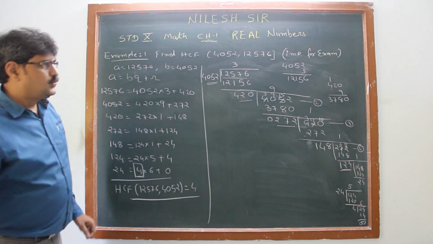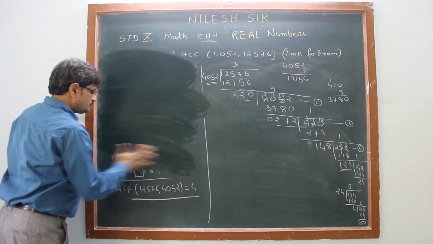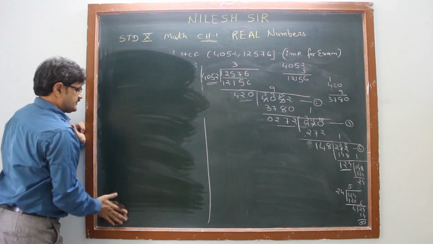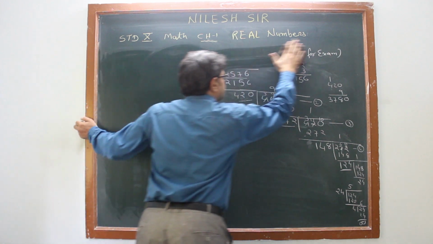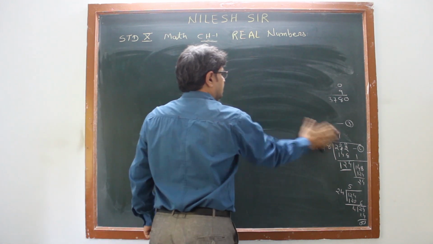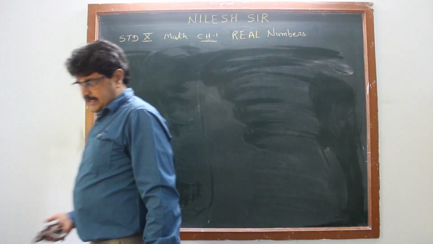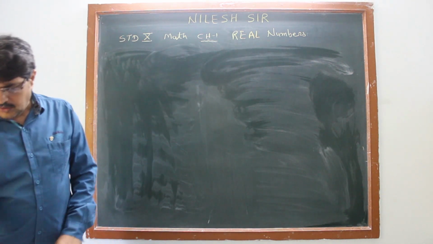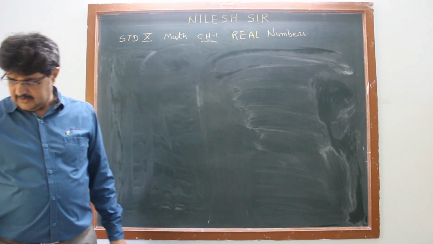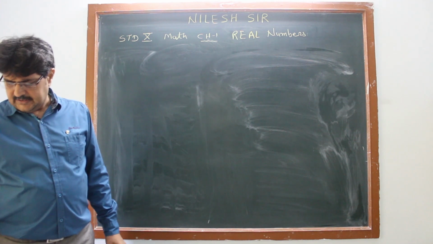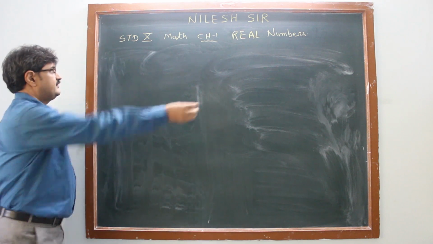Right? Now we will do the third question of the textbook. The question is that we have to show that any odd positive integer is in the form 6q plus 1, 6q plus 3 or 6q plus 5.